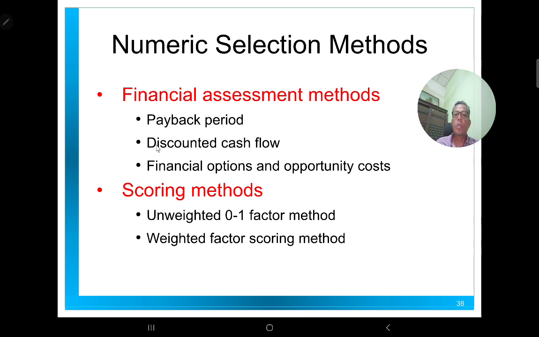It's also based on discounted cash flow, how much money you receive every year, and whether that money can recover your initial investment. So they call it financial assessment methods. And the second one is through scoring methods. So you give some value to the project and all the activities. From there you will identify whether the project is worth being implemented or not.